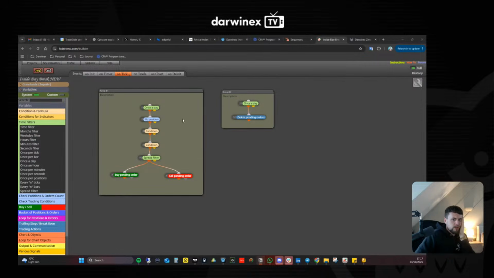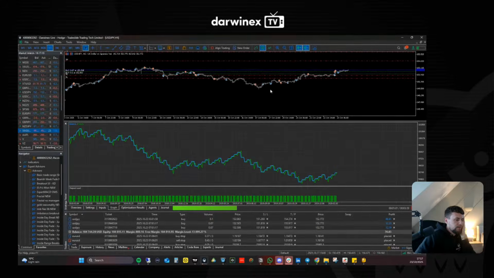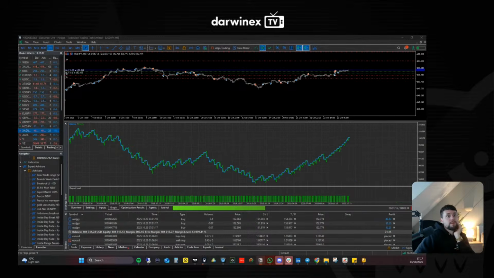So we've got pending orders, spread filters. We haven't got the month filter. What we could do, if we can't get it to work, because I don't think this system is good enough, is look at implementing some form of trend filter, so we only go long when XYZ has happened, and only go short when XYZ happens.